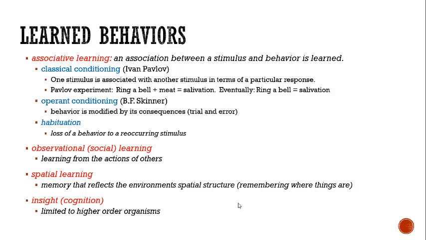Next, we have spatial learning. Spatial learning is memory that reflects the environment's spatial structure. In other words, you remember where things are. We see this a lot in animals like honeybees. We see this a lot in animals like squirrels. Squirrels remember where they hid their nuts by using the location of various things in the environment like trees and houses.